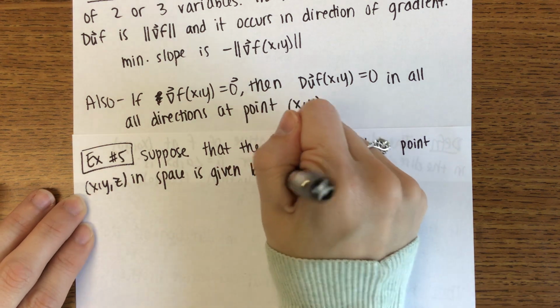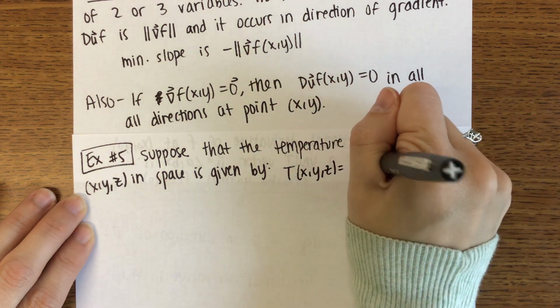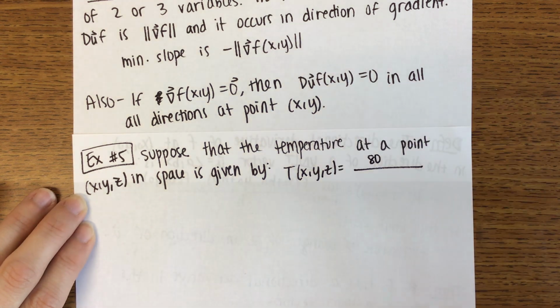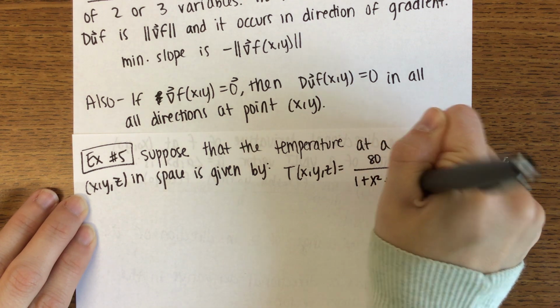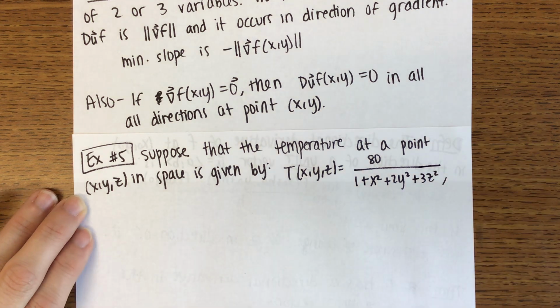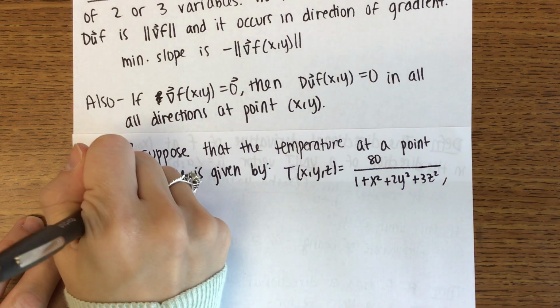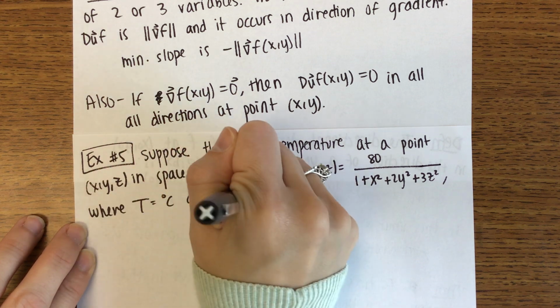T of x, y, z is equal to 80 divided by the entire quantity of 1 plus x squared plus 2y squared plus 3z squared, where T is in degrees Celsius and x, y, z are in meters.